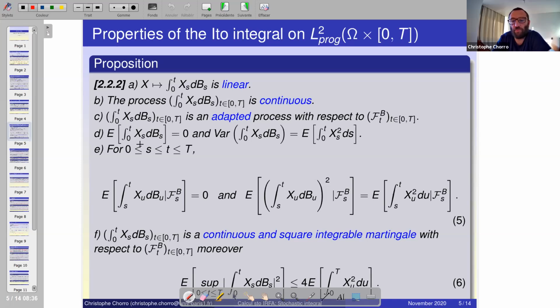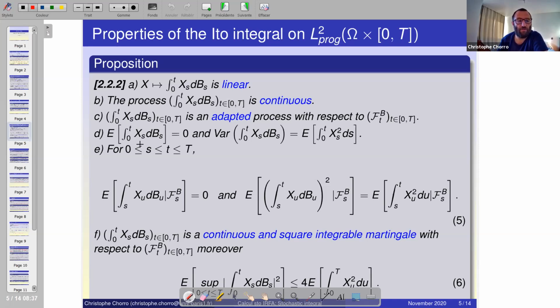Just keep in mind that the main difference between what we have here and the case of the Wiener integral is that the Wiener integral is a Gaussian process, and here the stochastic integral is a priori no more a Gaussian process. It's the main difference between the two, but all the other properties are preserved, continuity, the fact that it is adapted, and so on and so on.